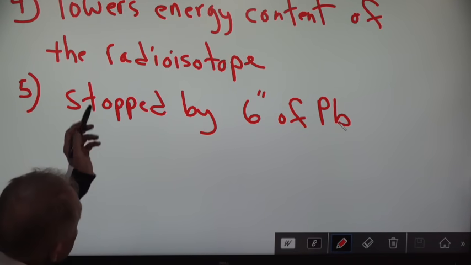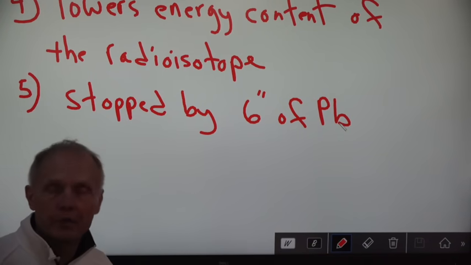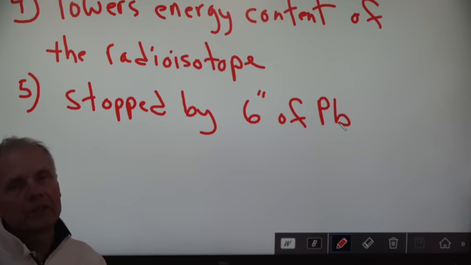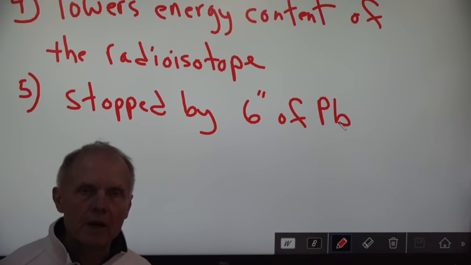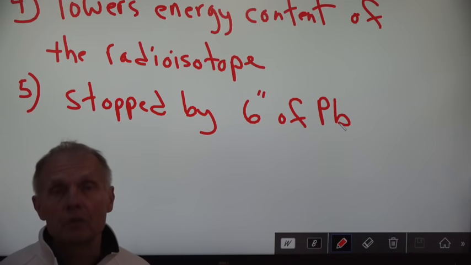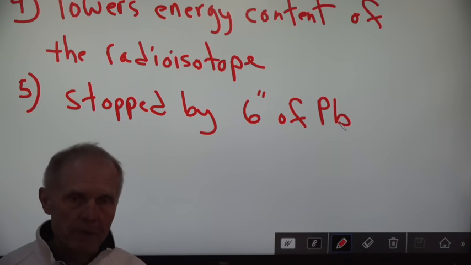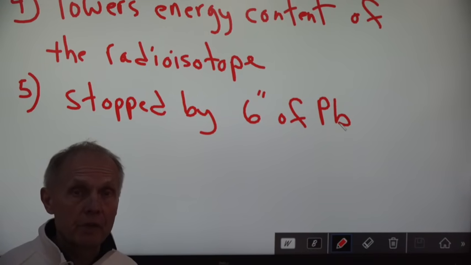So, lowers the energy content of radioisotopes, stopped by 6 inches of lead or 30 feet of dirt or like 6 feet of reinforced concrete and steel. But it doesn't change the proton number, so it doesn't transmutate. So just remember for this lecture, 3 ways to artificially transmutate a radioisotope: alpha decay, beta decay, and positron emission. Okay.